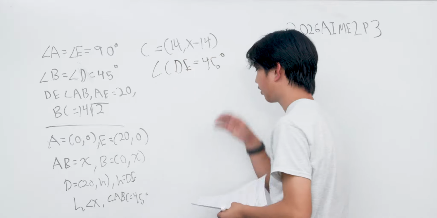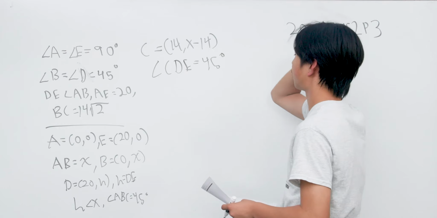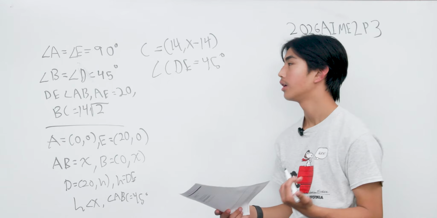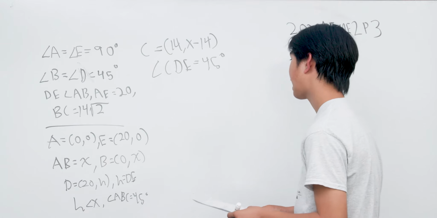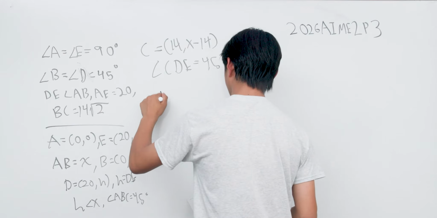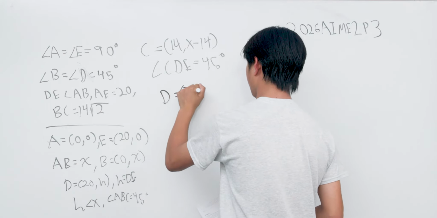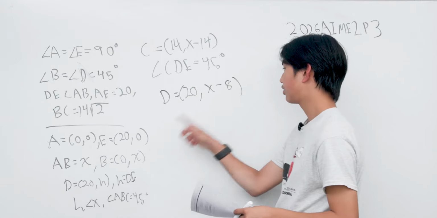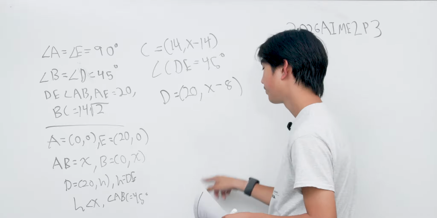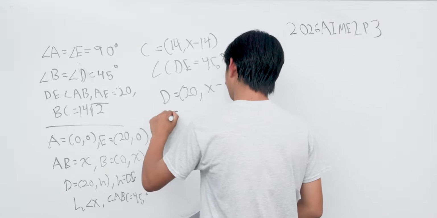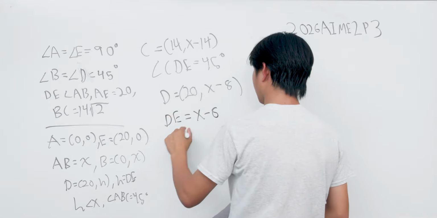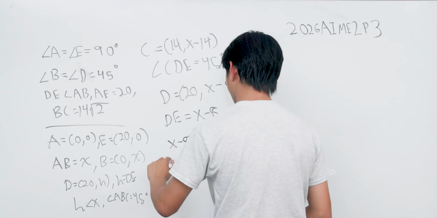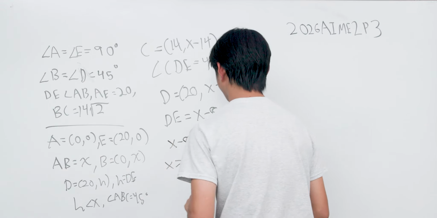Now, with that information we can get a value of D. So D is going to be equal to (20, x minus 8). And we have found h is equal to x minus 8. So then we have DE equals x minus 8. And we have x minus 8 is less than x, giving us x is greater than 8.